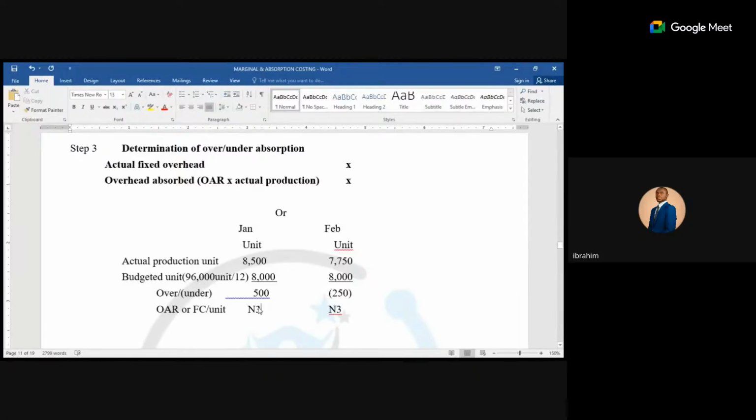So what is the cost when you multiply? 1,500 for January, and 750 for the under absorption.